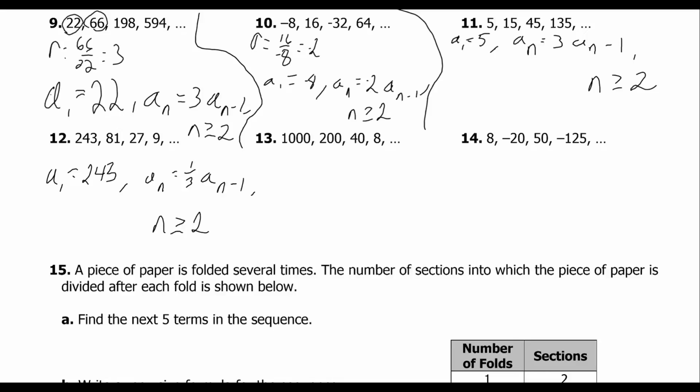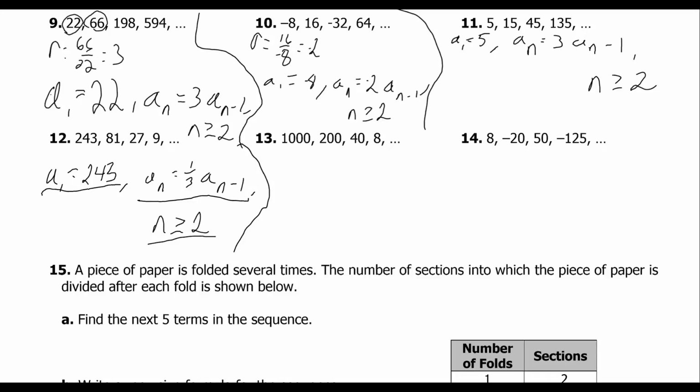Alright, there's 3 pieces to each of these ones. And it talks about a recursive formula. The A sub 1 part, A sub n, and then you got to define the domain of n. All you got to do is just say that n is greater than or equal to 2. It's really easy. Alright?